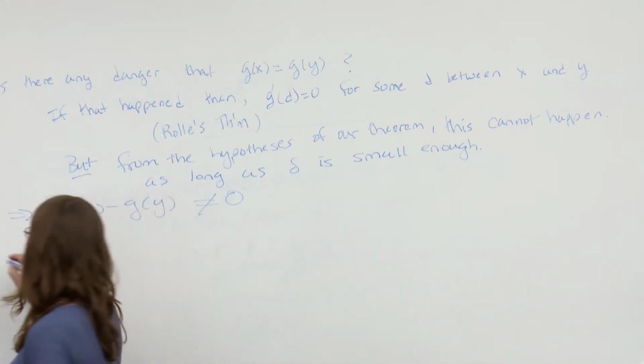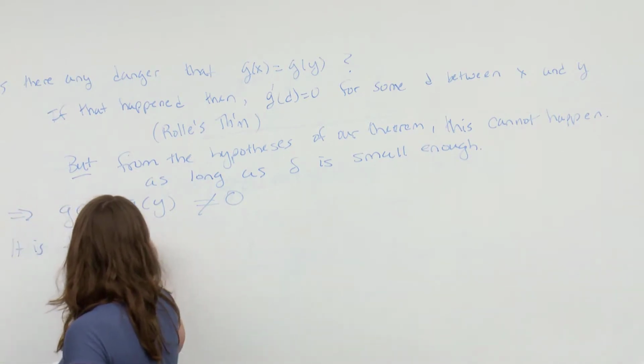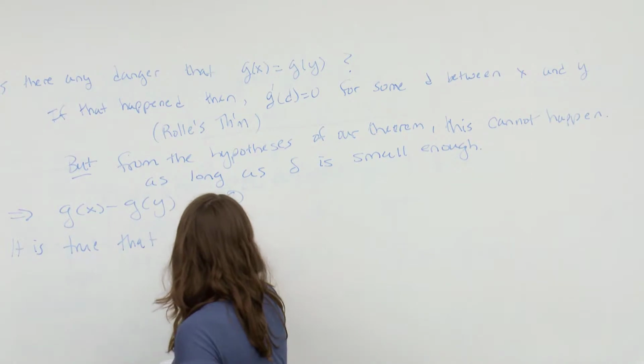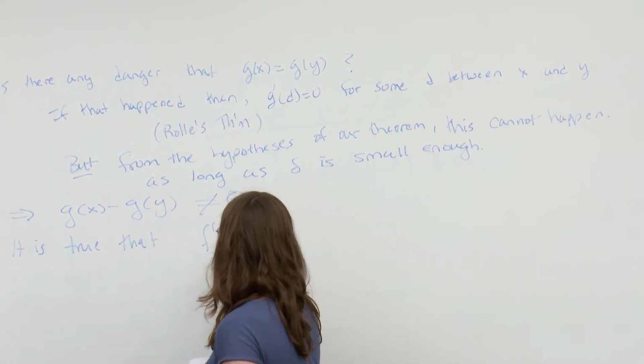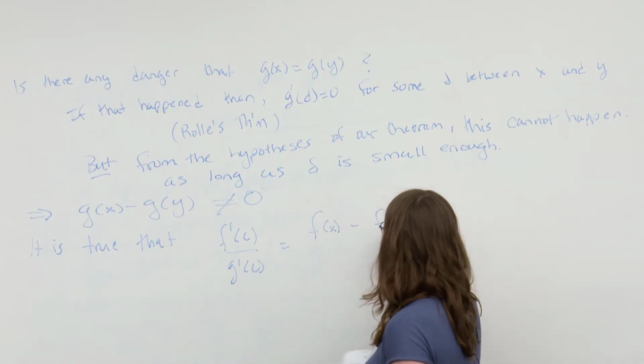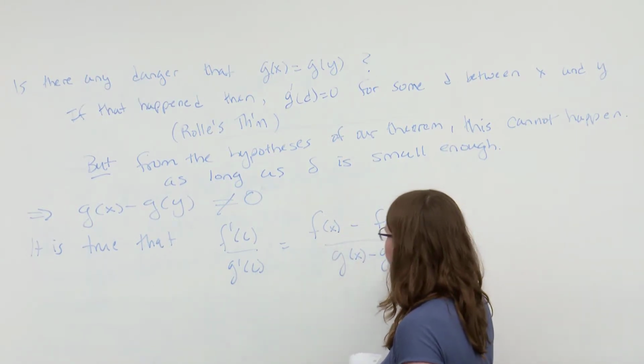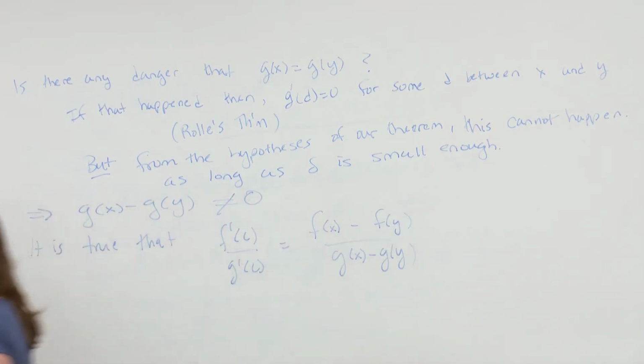Okay, so in other words, I can say it is true that f prime of c over g prime of c is equal to f of x minus f of y over g of x minus g of y. And there was nothing special about how I chose x and y here.